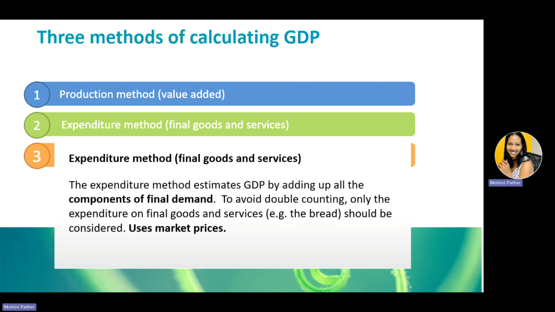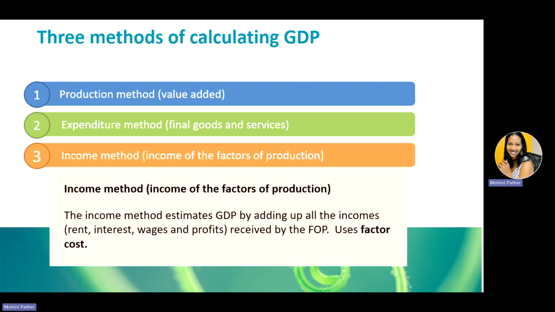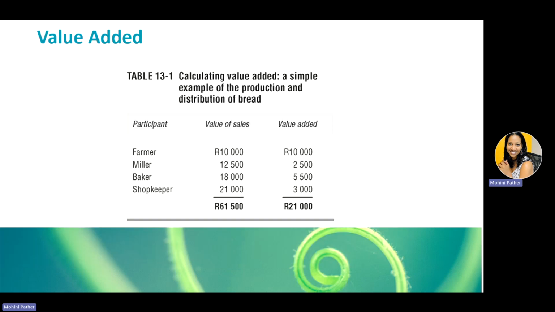For expenditure, of course, we are only using market prices because we only look at final goods and services. And then for the income method, we're only going to look at what the households receive for their factors of production, what remuneration, and that's how we calculate GDP based on income.